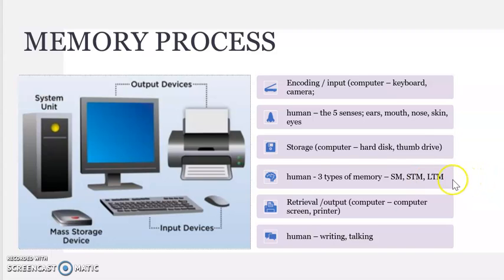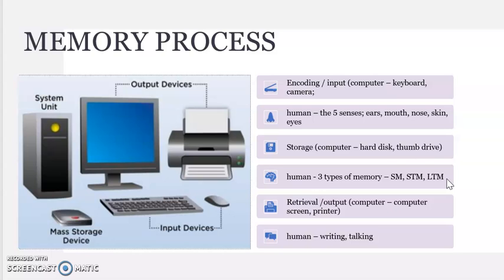LTM, which is long-term memory, is unlimited and a very large storage, like a big library with a lot of books. From STM, information will be moved to LTM and stored there for later use. If the information is not used for some time, forgetting may occur.